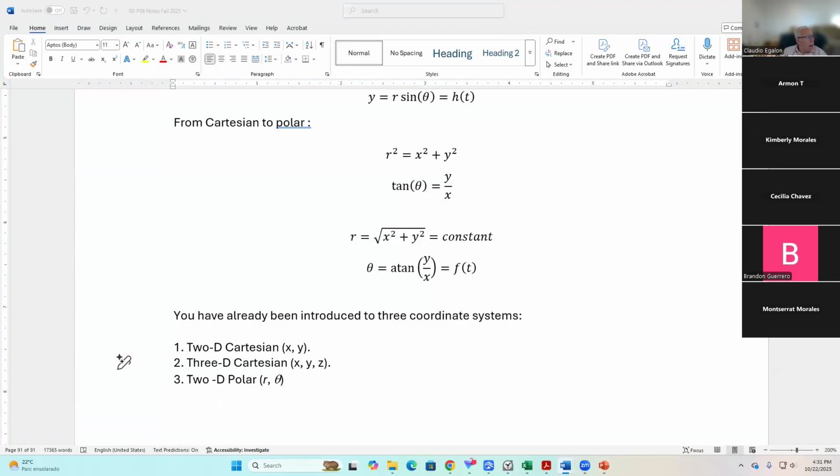And there is a little table that I want to display here for you.